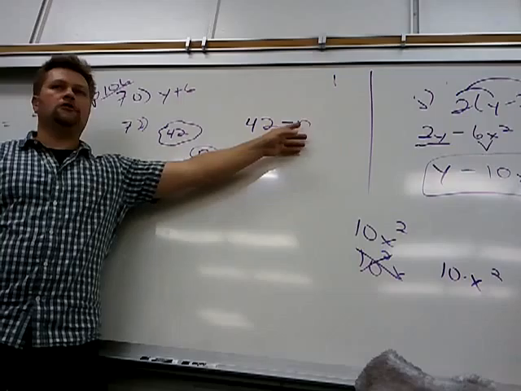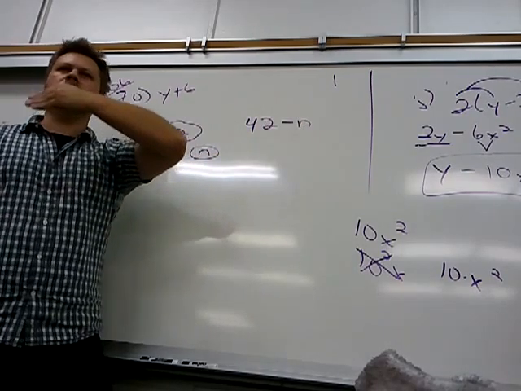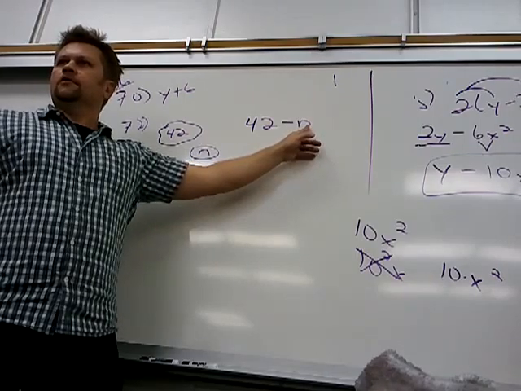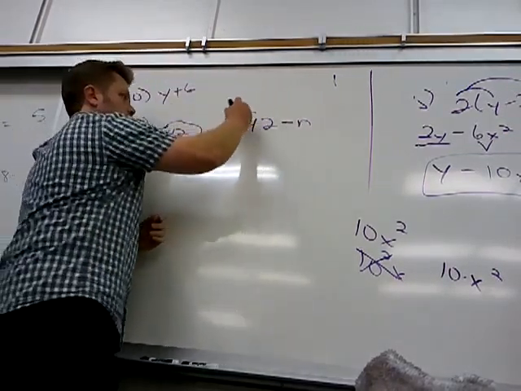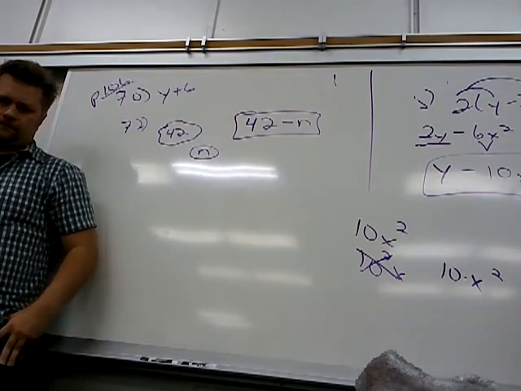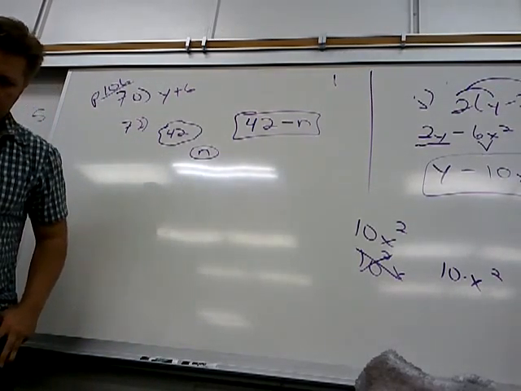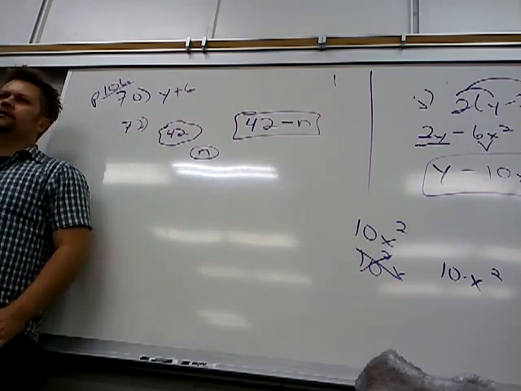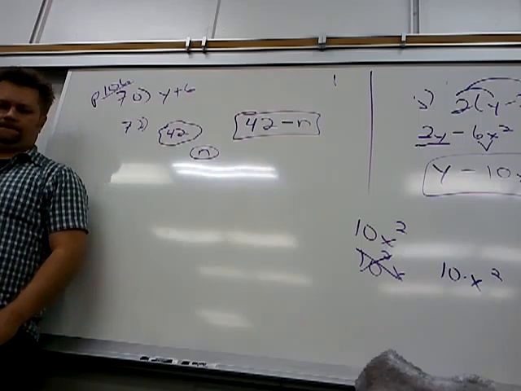So if I score 6 goals in one game, that means I must have made the other 36. 42 minus 6. And that's it. They just want an expression. That's all they want. There's nothing to solve.